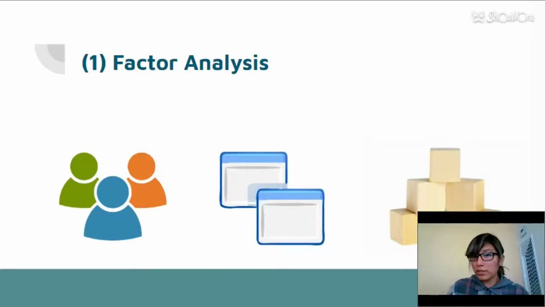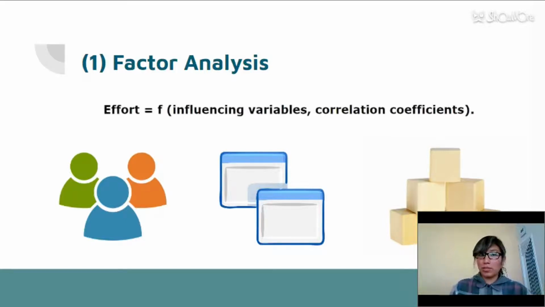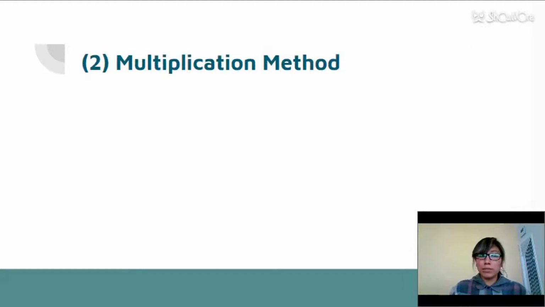From earlier projects with similar distribution, we might know the correlation coefficients. So we know the variables that influence the work and how they correlate with each other. Then we can calculate the effort based on a mathematical formula which reflects those influences and correlations. The second one is the multiplication method.